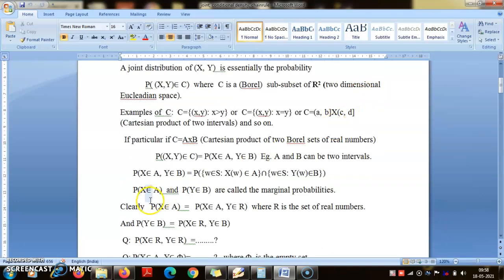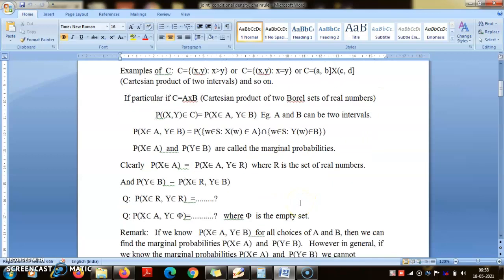If we individually look at only the probability of x in A and the probability of y in B, these are called marginal probabilities. The one-dimensional probability distributions we have seen so far, that is, the probability distribution of one random variable, are actually marginal probability distributions.